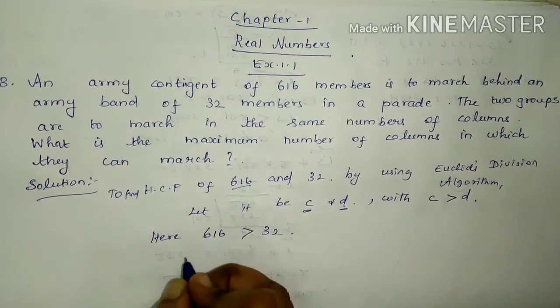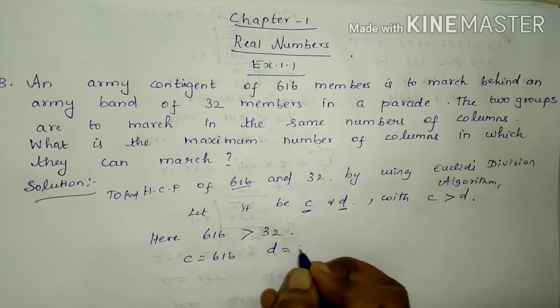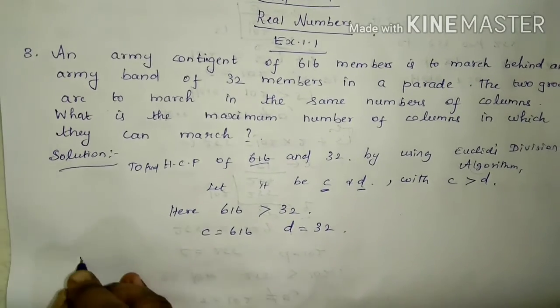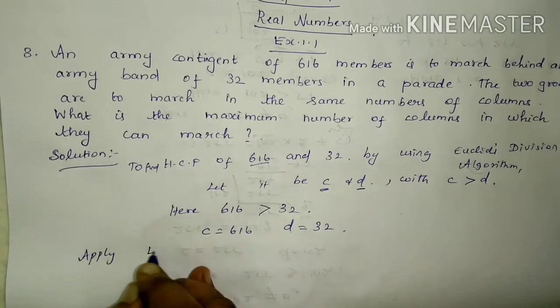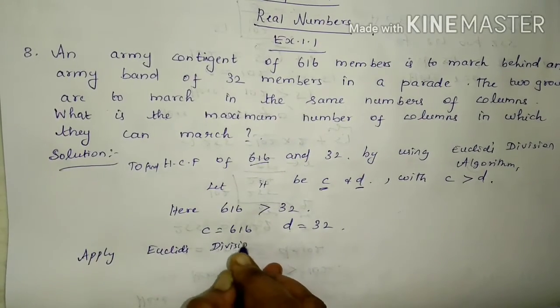So obviously our C should be 616 and our D should be 32.